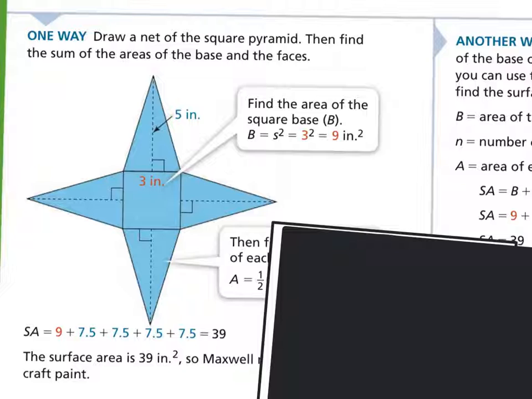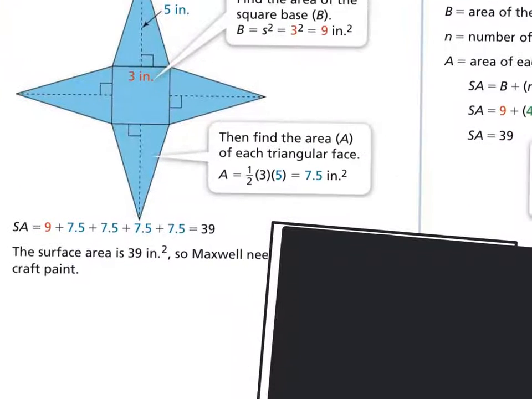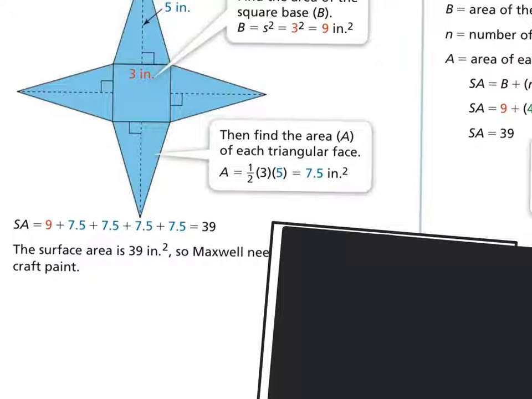So what they did in the book here, they drew a net of that. You're welcome to draw a net if you want to, or if you can just tell from the picture what's happening. It is a square pyramid, it tells us, so we know all those triangles on the sides are the same. So for one of those triangles we do half times 3 times 5. 3 is our base, 5 is our height.